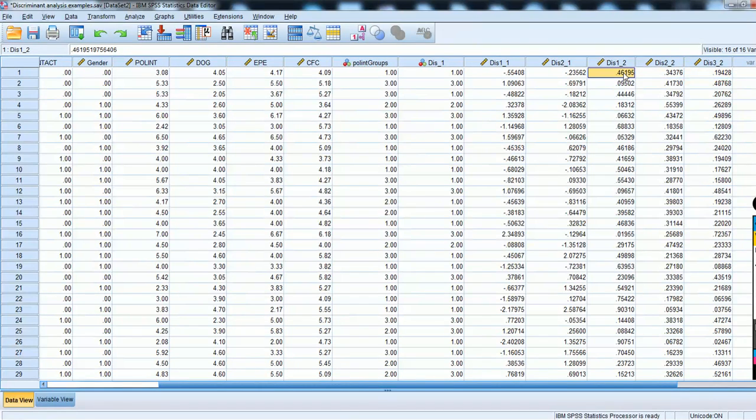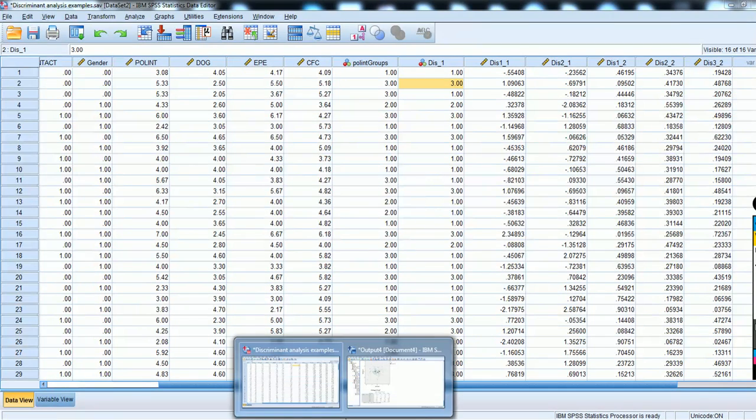So the highest probability is of being in group 1, and that person was predicted to fall into group 1. For the second person, the probability of being in group 3 was the highest in relation to groups 1 and 2, and so that person's predicted group membership was group 3.